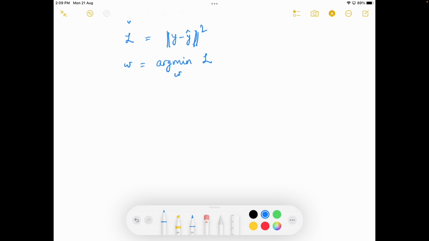Iterative methods such as gradient descent algorithm, which means I will update my W so that I move in that direction where L decreases. Right? Let's say this is my L as a function of W. W is a scalar, let's say.